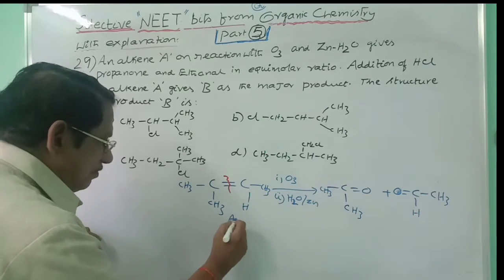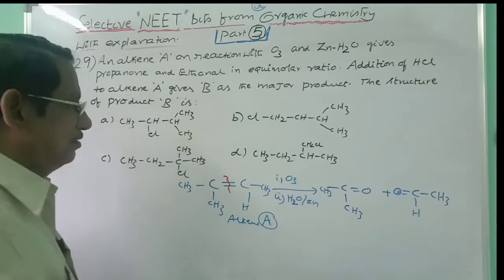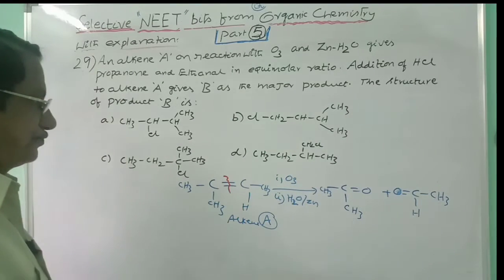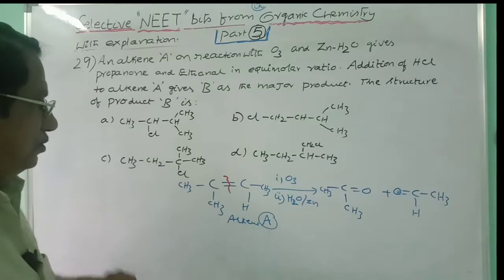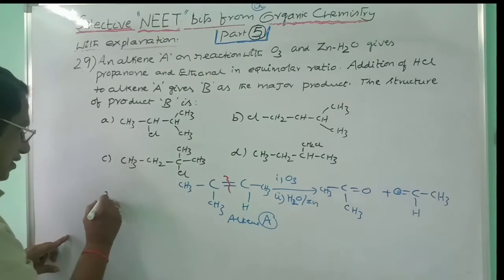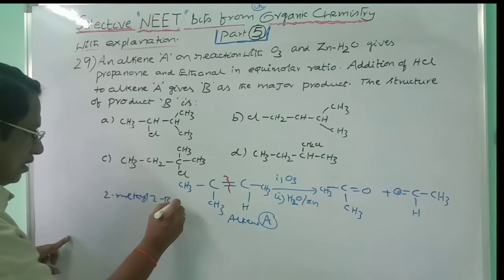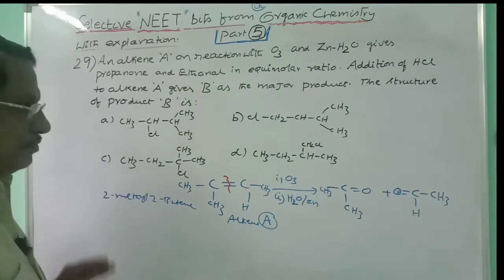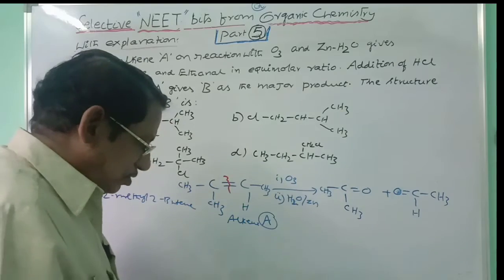This is the given alkene A. So what is the alkene? 2-methyl-2-butene is the alkene.